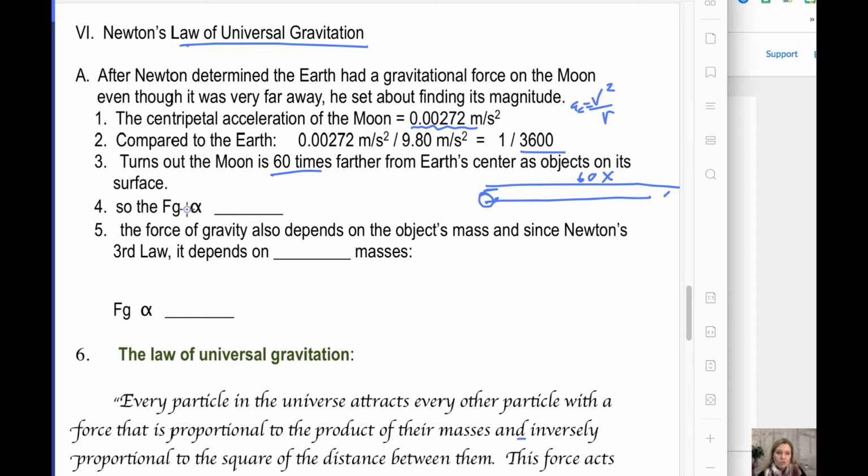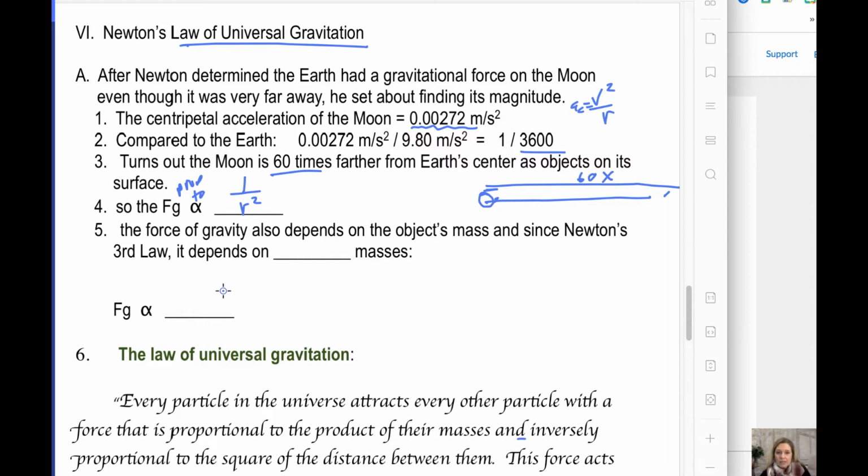So he said force of gravity must be, hopefully you know that's the proportional symbol, which means proportional to, force of gravity is proportional to 1 over r squared. Where r is the radial distance, especially if something goes in a circle, r is radius. So we many times keep using the word radius as a distance. And so he made a connection there.